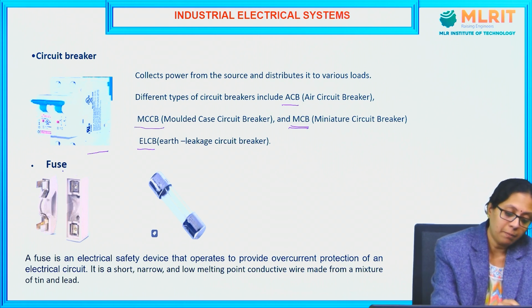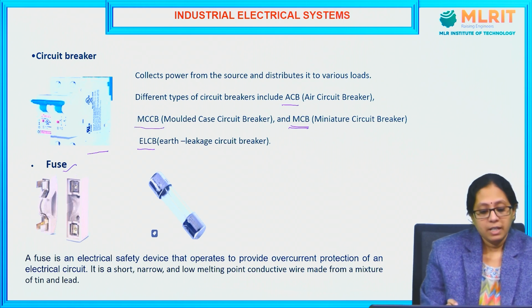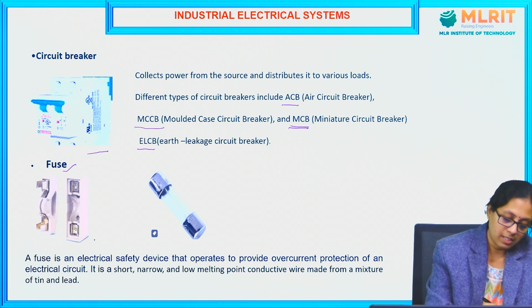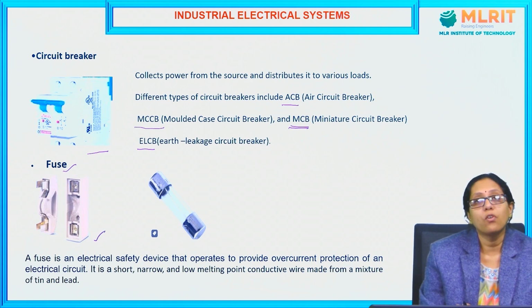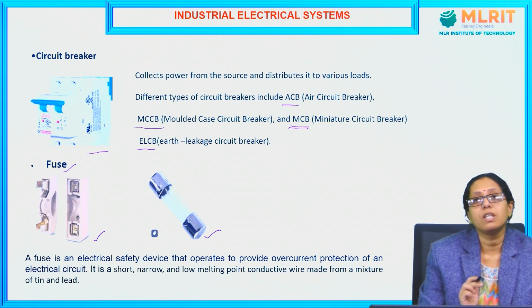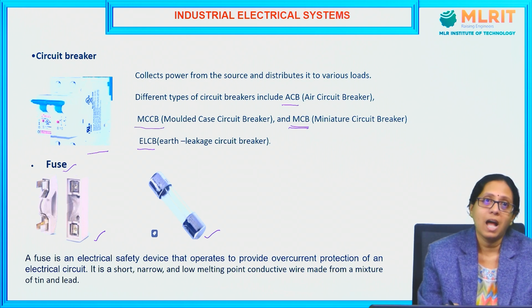The second type is fuse. Here you can see there are two types of fuses. This type of fuse is used for high voltage applications and this type of fuse is used for low voltage applications.